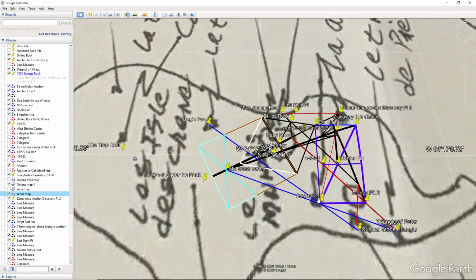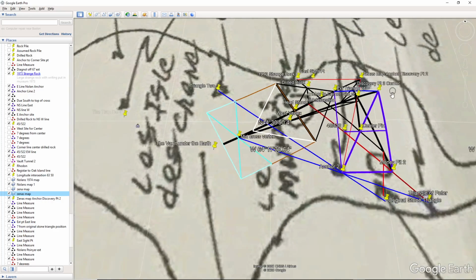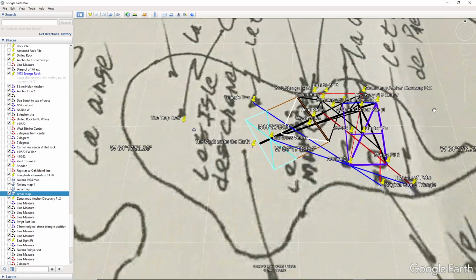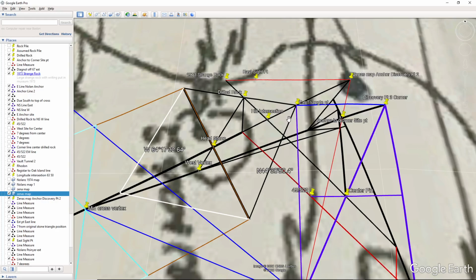We got one anchor here. We got another anchor here. And these are the anchor stones. Whether they're stones, I don't know. I've always called them stones, that they were going to be stones at the beginning. But that is the way I have this placed.